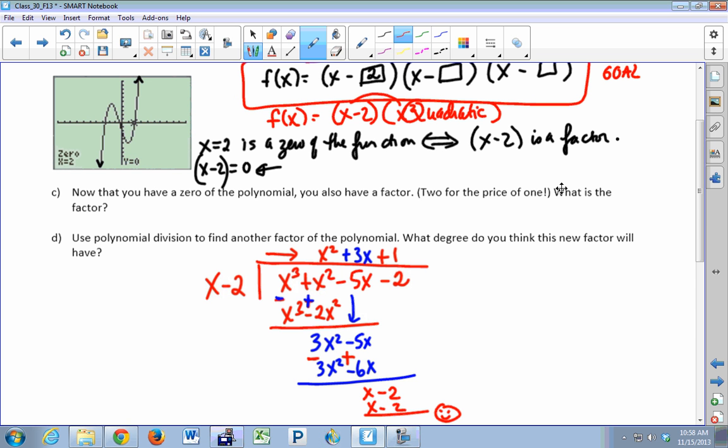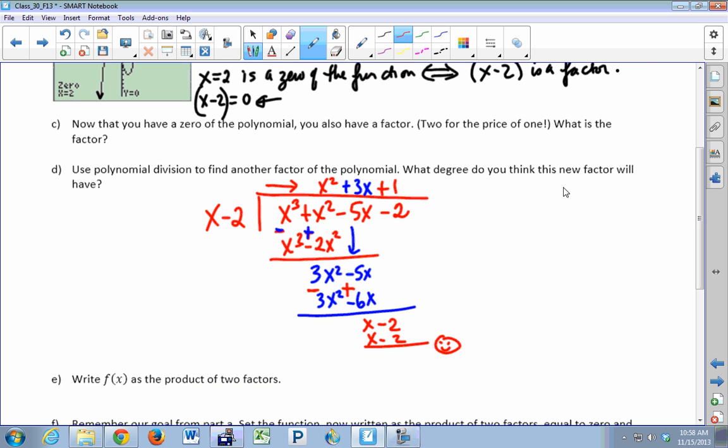Okay, so there I am, factored. I now know this polynomial can be written as x minus 2 times x squared plus 3x plus 1. So you've done the intermediate step here. This is your intermediate step. Let me write that out so you can see it.